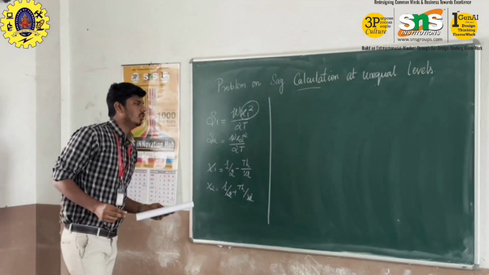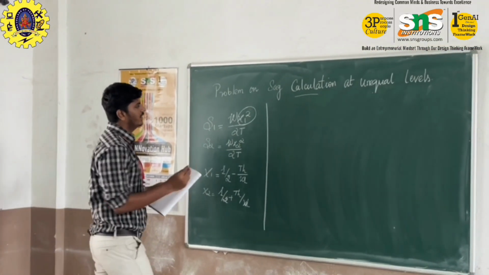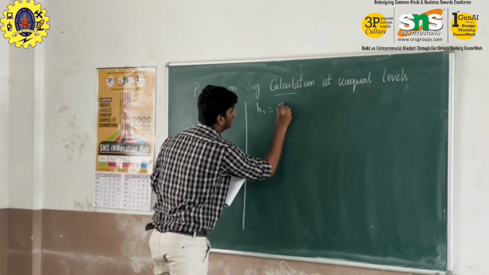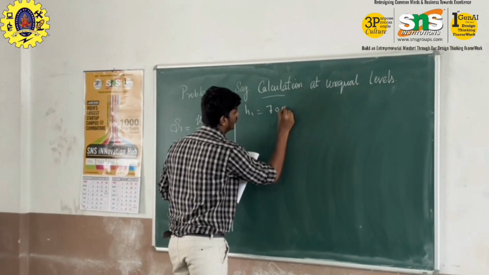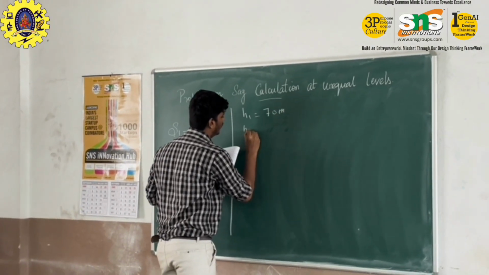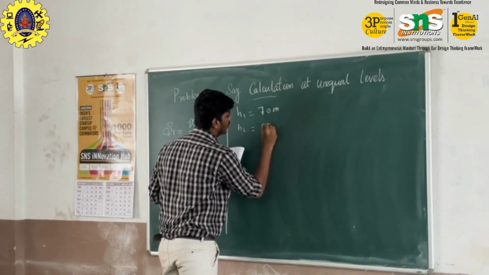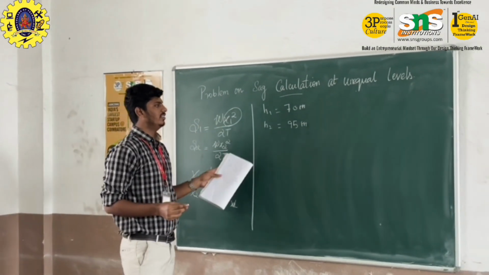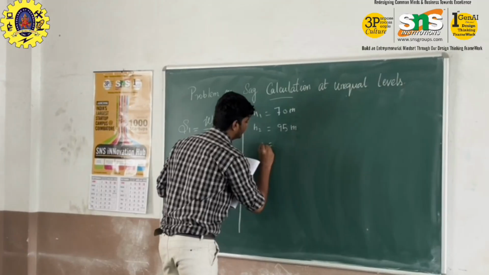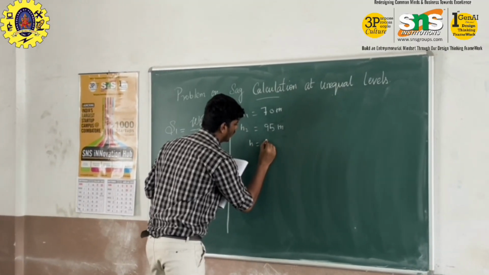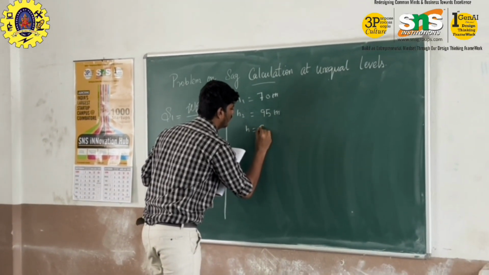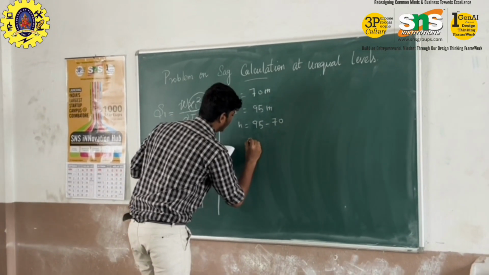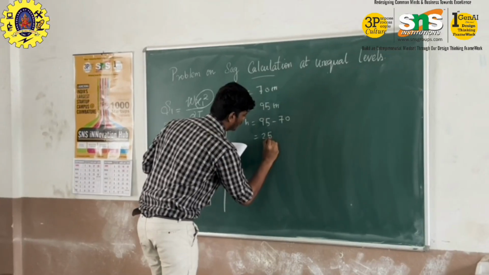First of all, we have two heights, H1 equal to 70 meters and H2 equal to 95 meters. First we want to determine the difference between these, so we subtract 95 minus 70, which is 25 meters.